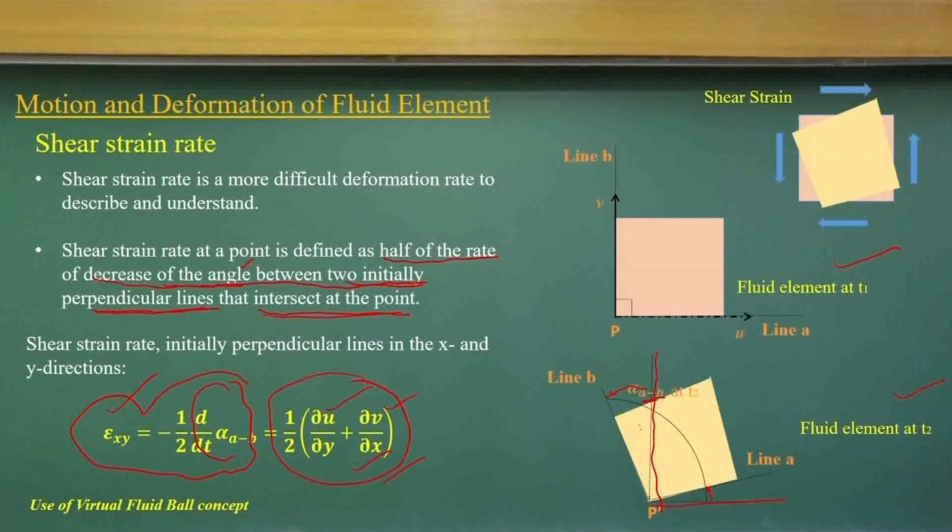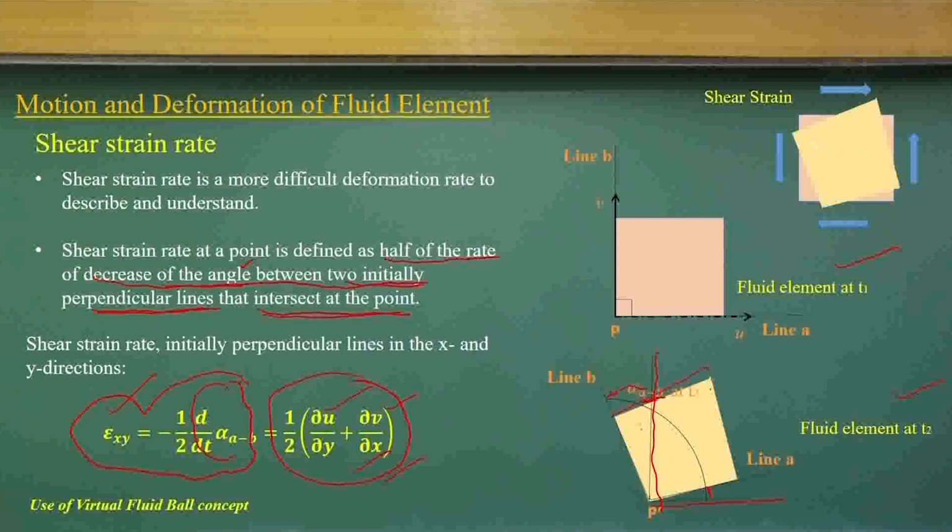So you can easily understand that for a fluid particle, you can also find how much rotation is happening. In angular rotation, both axes rotate at the same rate, but in this case the rotation rates are different. Because of that, you see the deformation of the fluid element.